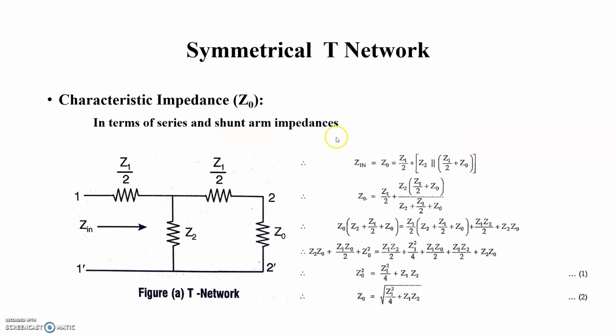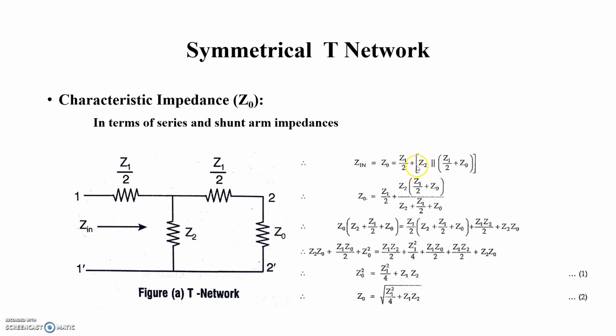Next, this is a symmetrical T network. Here is the derivation for the characteristic impedance Z0 in terms of series and shunt arm impedances. This is the circuit diagram for the T network. Here Z1 is the series arm and Z2 is the shunt arm. In this symmetrical network, Zin is equal to Z0.